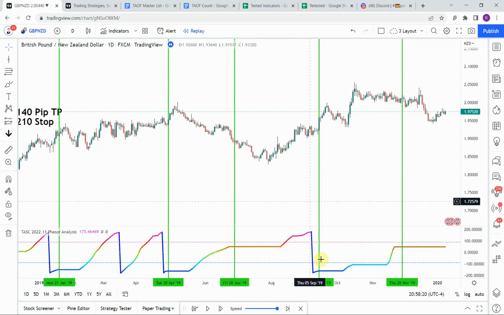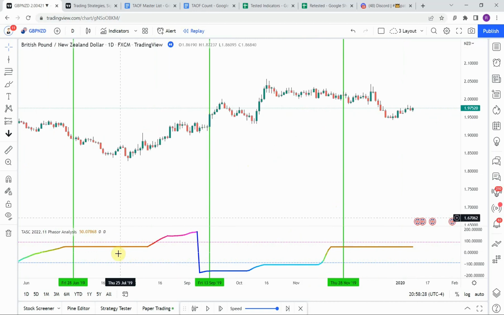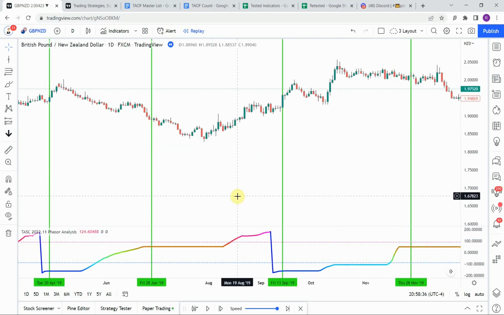And the uptrend signals almost always happen below this negative 90 area here. And there are moments like right here where it looks like the indicator was going to flatline, but wasn't really sure, and so didn't really pull the trigger on it.